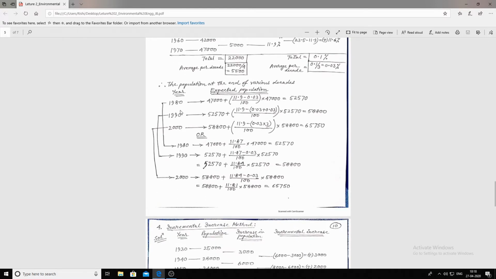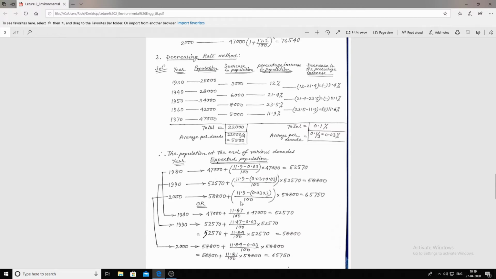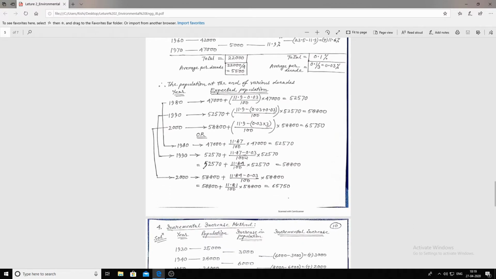So, if you consider the 1980s population as a baseline population, you can calculate the 1990s population with respect to it. The 1990s population is 52,570 plus 11.87, which was the last percentage increase in population, and 0.03 is a further decrease.